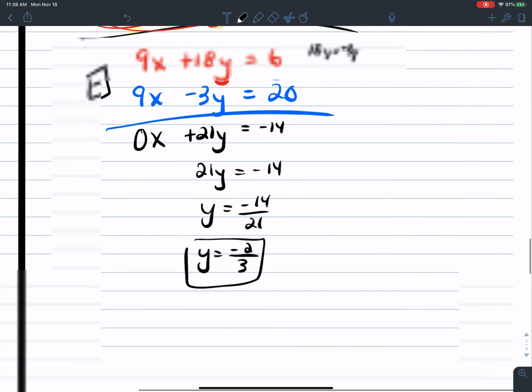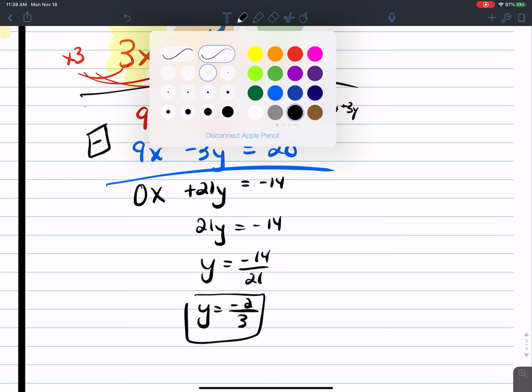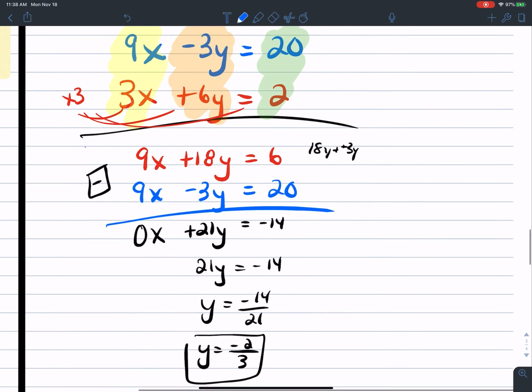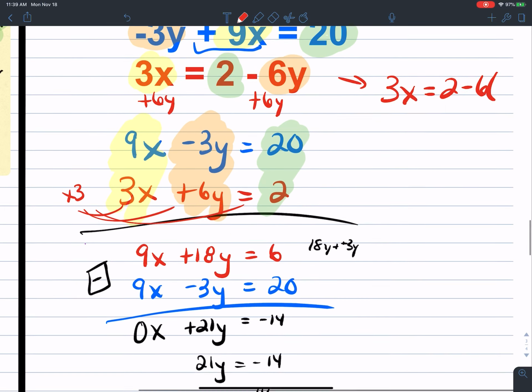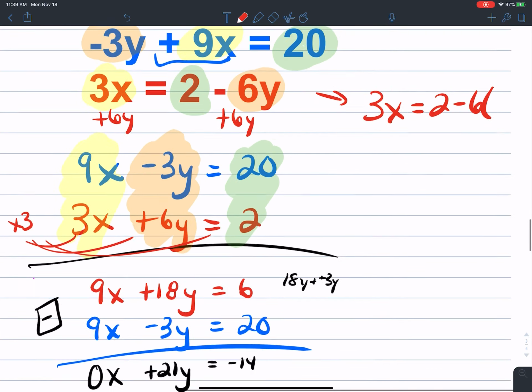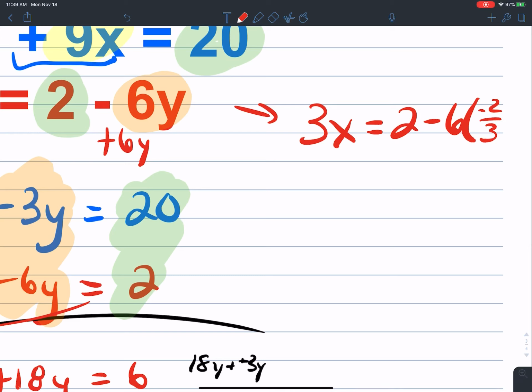Once we know what y is, we should plug it back in, and I always recommend we should plug it back into an original equation. So I'm going to use the red original equation, because if I'm looking for x, that equation almost has x by itself. So instead of y, we're going to write down that we think y is negative 2/3. So we get 3x is equal to 2.